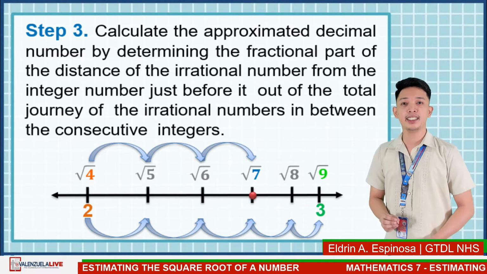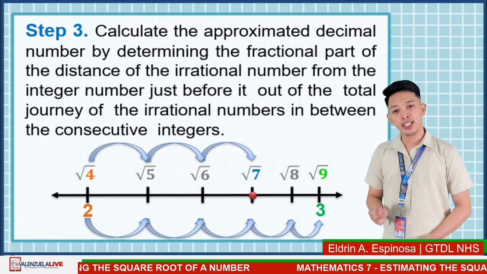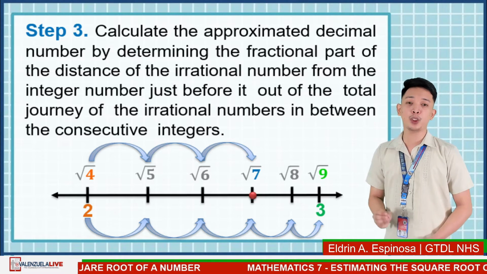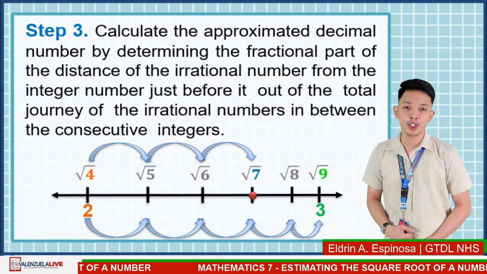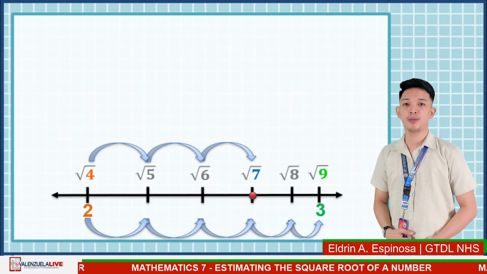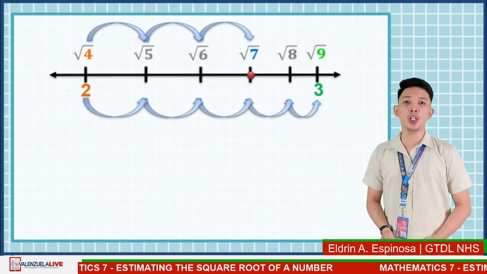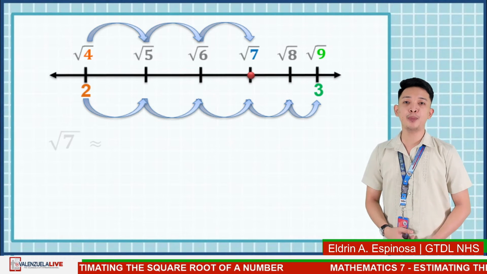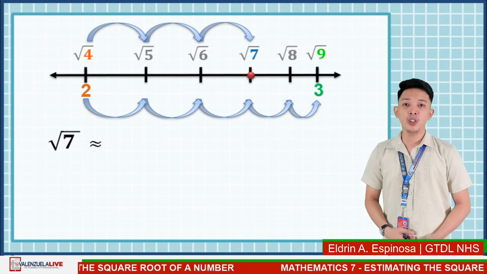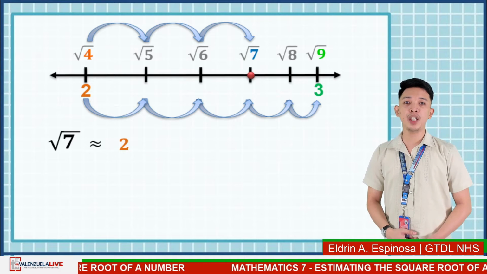And this is somehow 3/5 of the way from square root of 4 to square root of 9. Thus, we can say that the square root of 7 is approximately equal to 2 as the whole number.